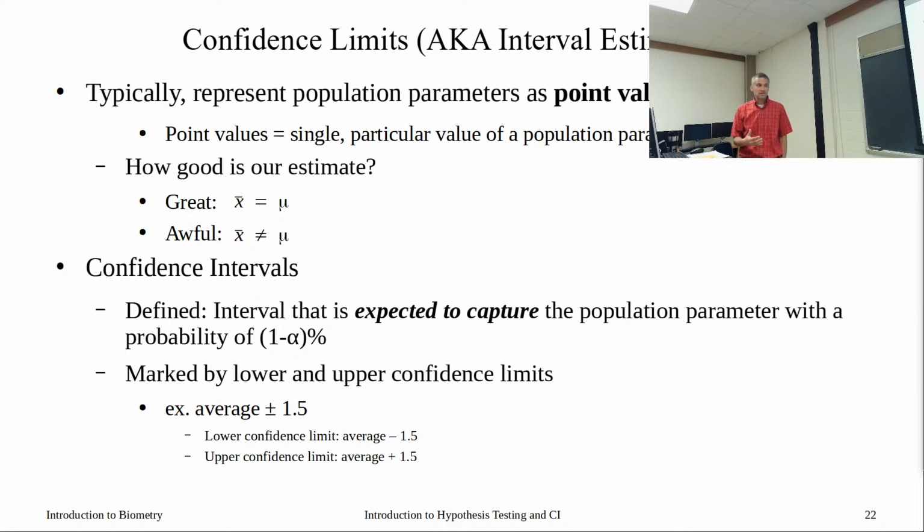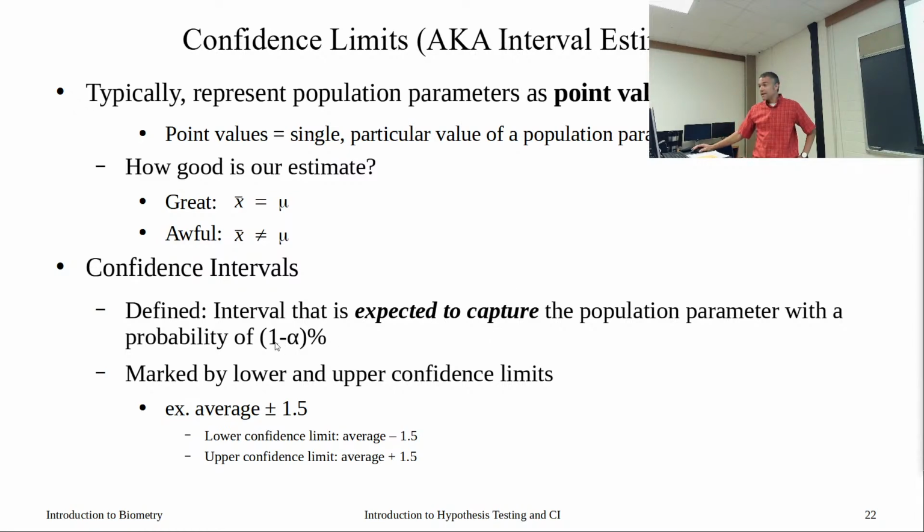But a lot of times, we're not equal to that. Our sample mean is going to be higher, it's going to be lower, which is why we report these measures of dispersion to kind of say, hey, our true value is going to be captured in some percentage of time. All right, so confidence interval is defined as the interval that is expected to capture the population parameter with a probability 1 minus alpha.